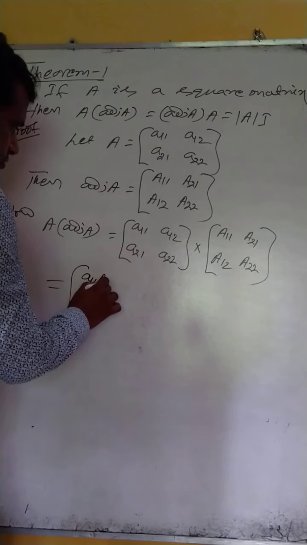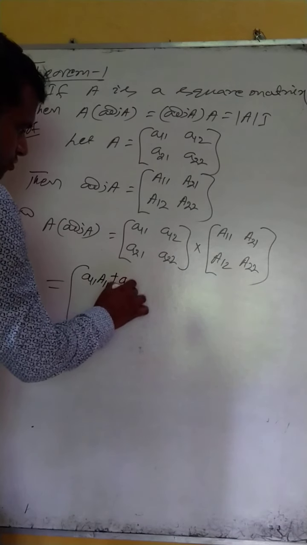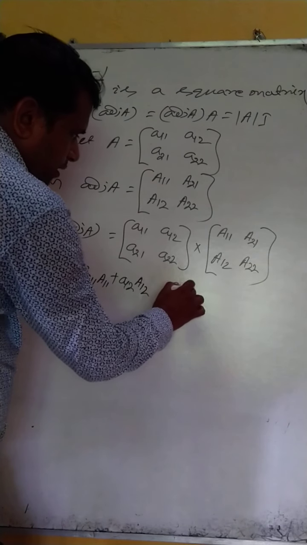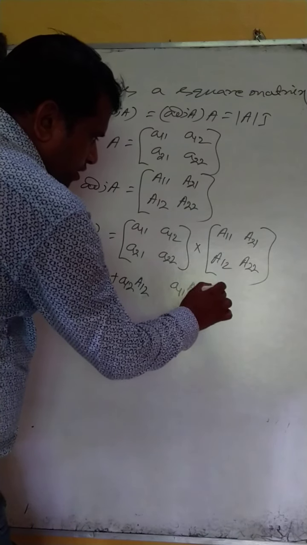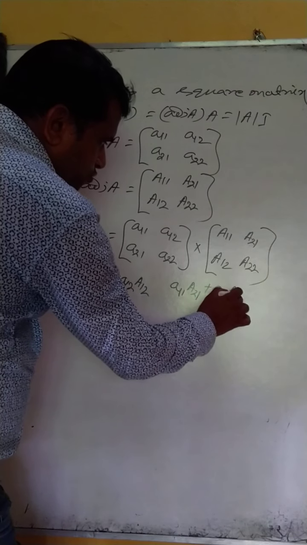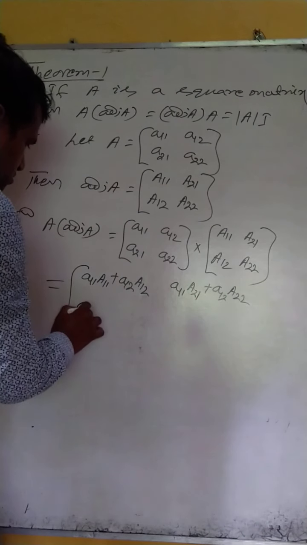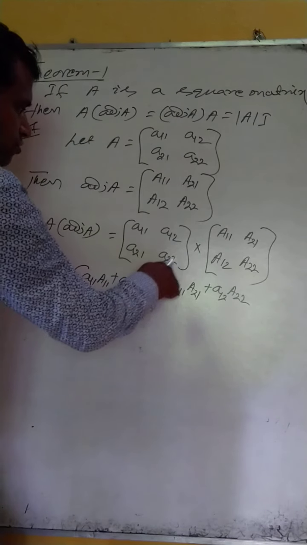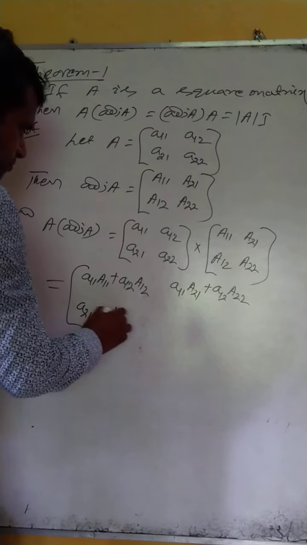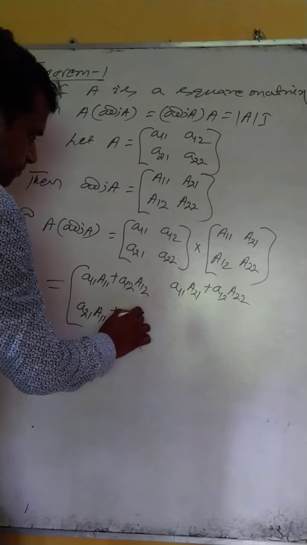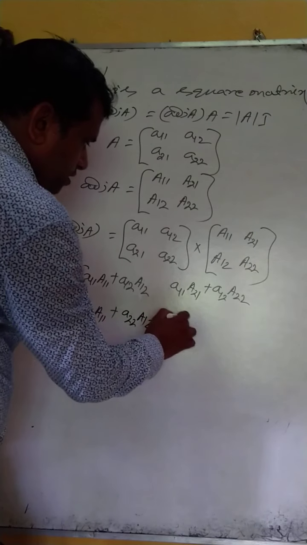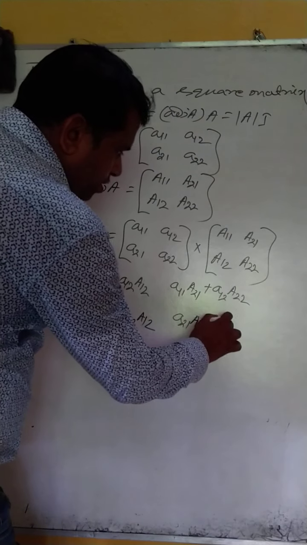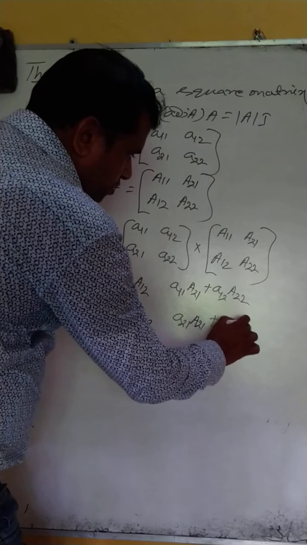That equals a11 capital A11 plus a12 capital A12, a11 capital A21 plus a12 capital A22, a21 capital A11 plus a22 capital A12, a21 capital A21 plus a22 capital A22.